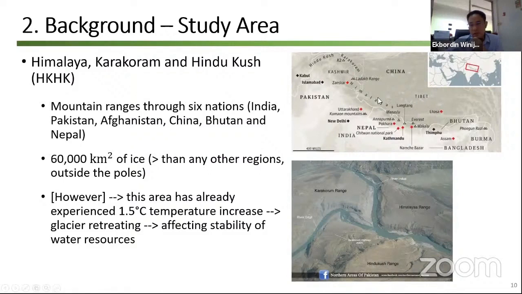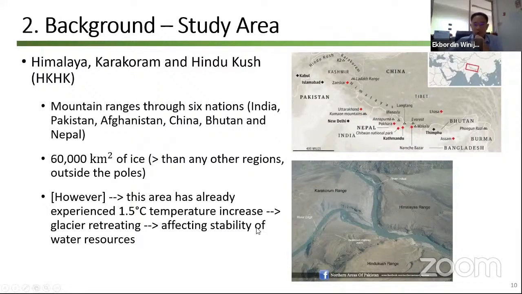This area is covered with about 60,000 square kilometers of ice, which contains more ice than any other region outside of the poles.